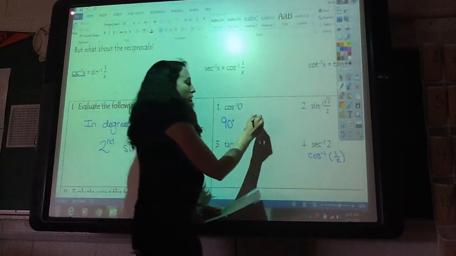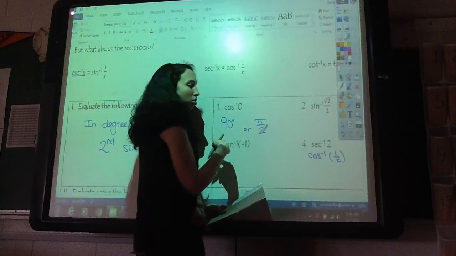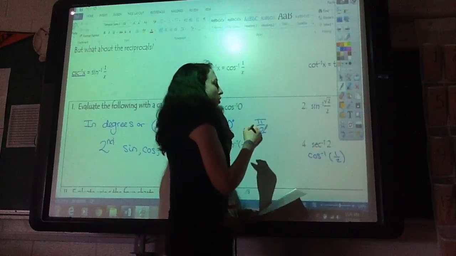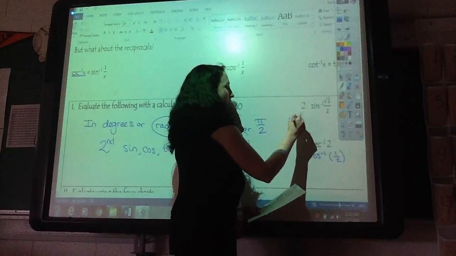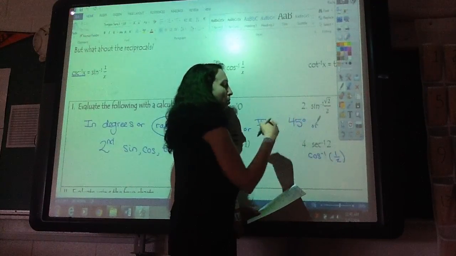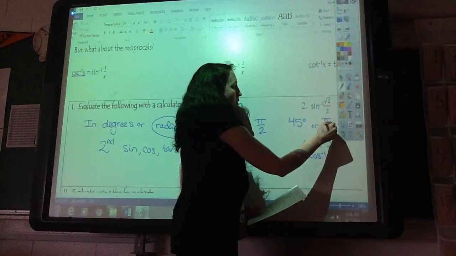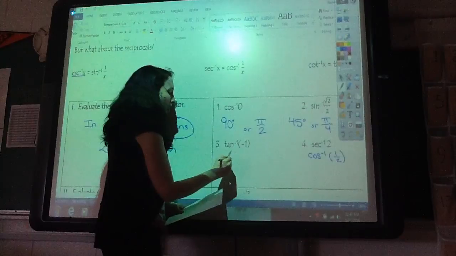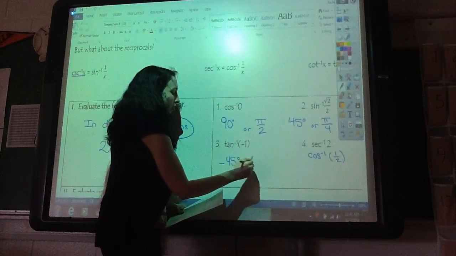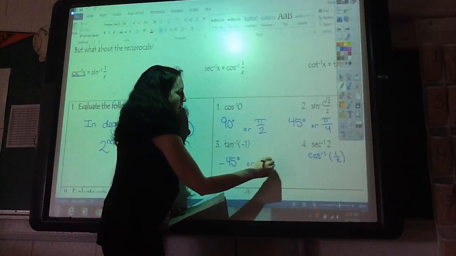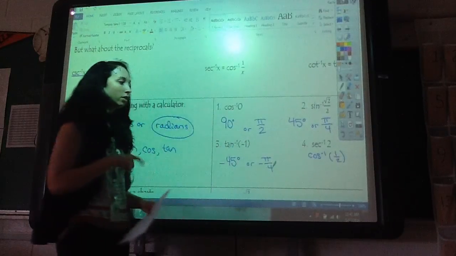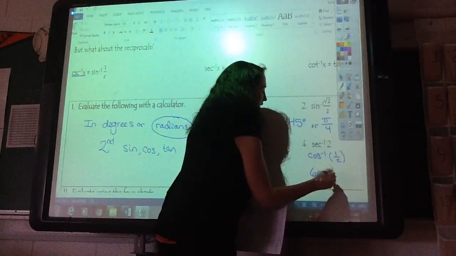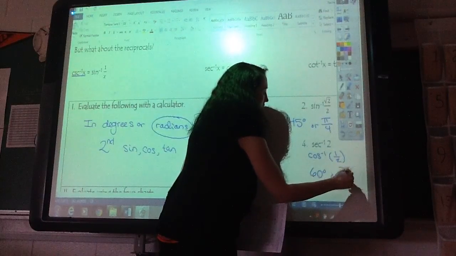But 90 degrees is pi over 2 radians, so that shouldn't be too difficult to make that jump. For number 2, you got 45 degrees, which in radians is pi over 4. In number 3, you got negative 45 degrees, which is negative pi over 4. And for the last one, the inverse cosine of 1/2, you should get 60 degrees, which is pi over 3 in radians.